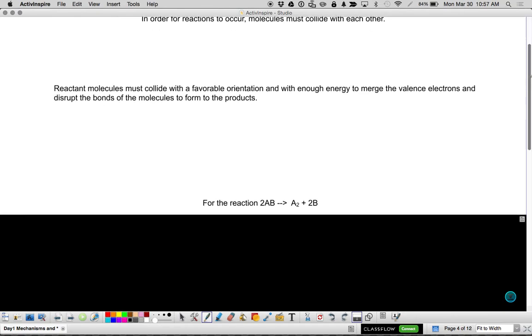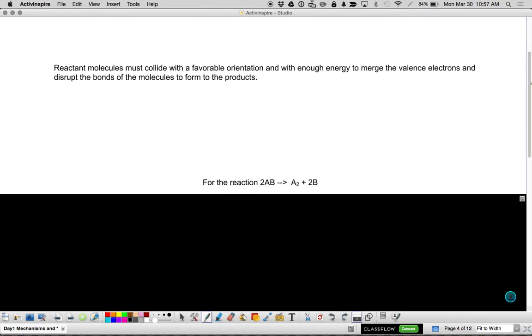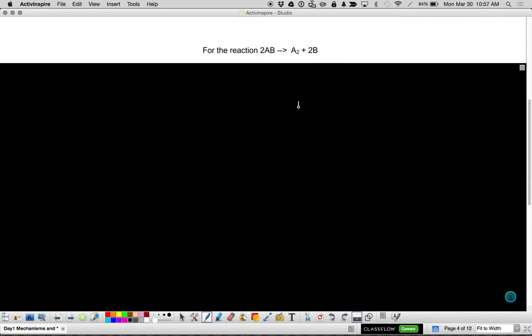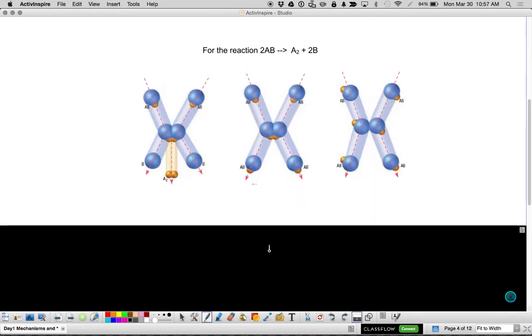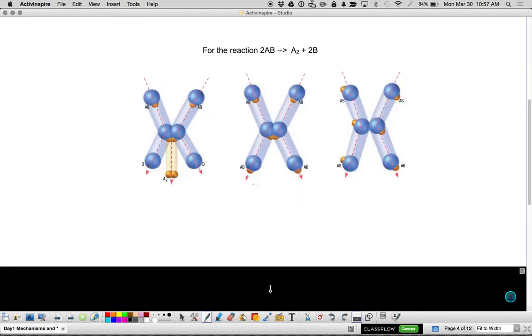Okay, so let's talk about collision theory a little bit, and let's use this reaction. 2AB forms A2 plus 2B. Okay, so let's look at this first reaction, or this first collision over here.